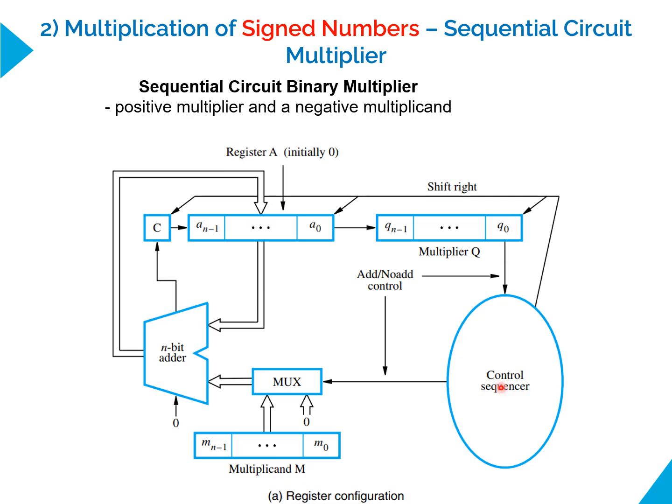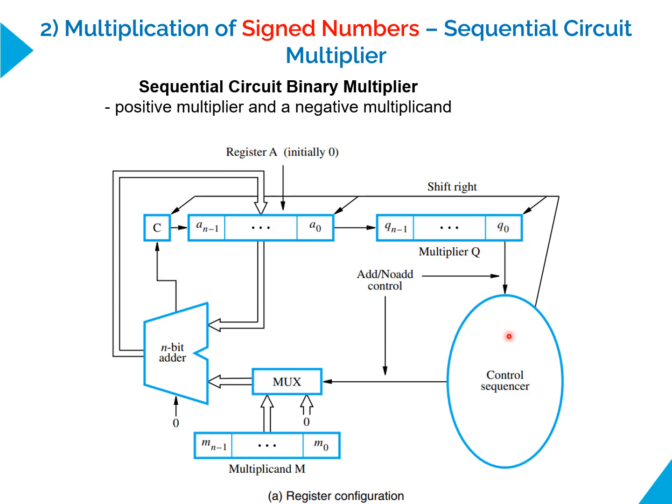It is given as an input to the control sequencer, which will decide whether to add the multiplicand or not. If it is equal to 1, then the multiplexer input will be equal to 1, and the multiplicand will be given to one input of your adder. The other input comes from the register A, and the result is again stored in the register A.